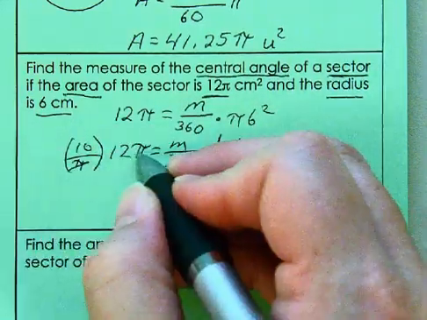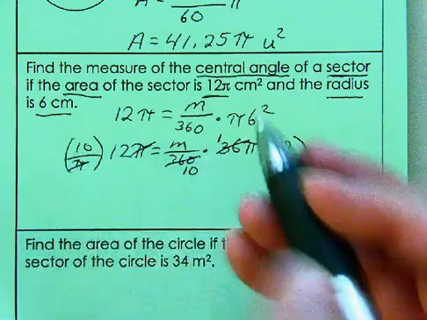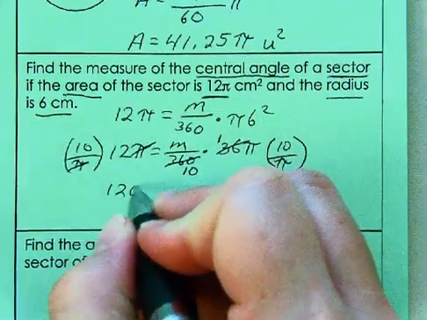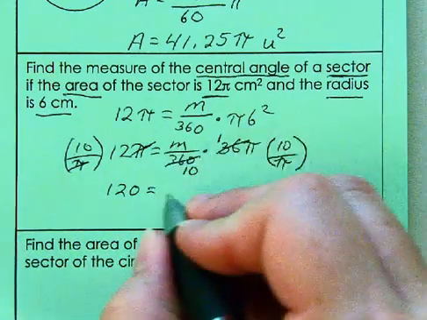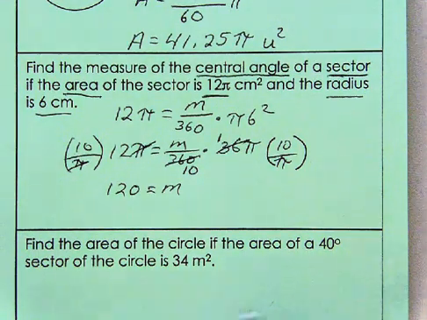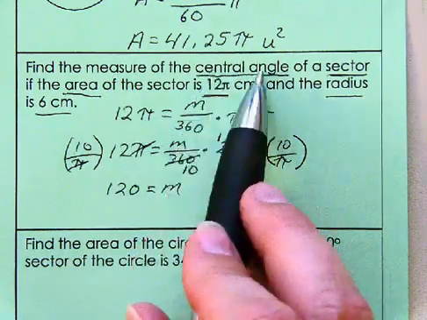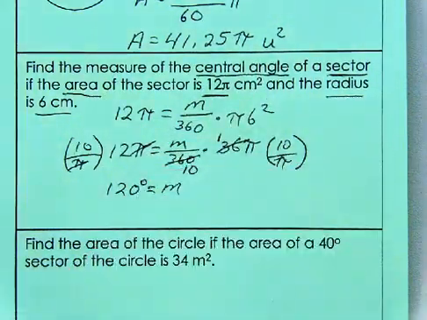Pi on the bottom crosses with pi on the top. 10 times 12 is 120. On the right, I have an m left. So 120 equals m. Now, if we think about what m represents, m was the measure of our central angle. So what is our label there? Degrees.